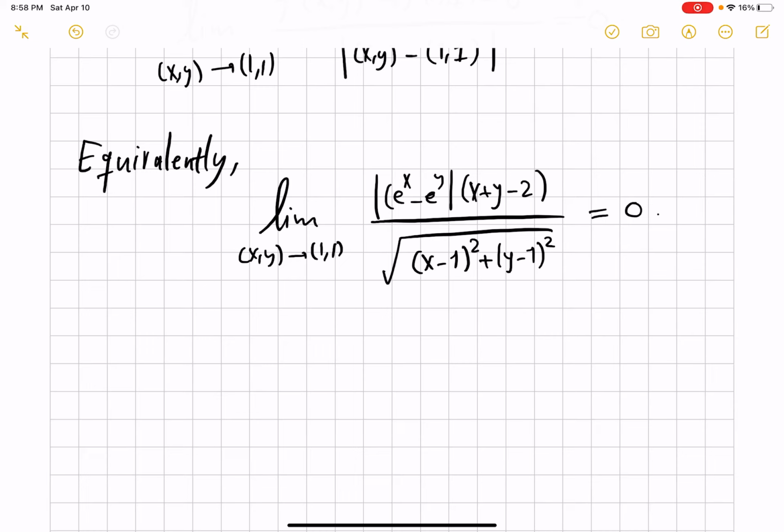And to see this, I write it so it has two parts.